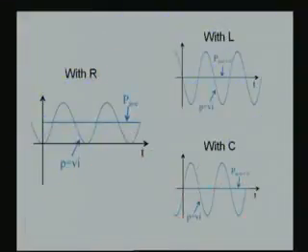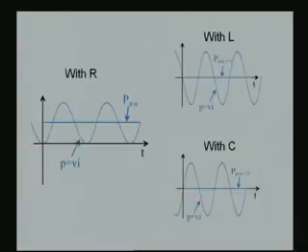So, let us put them all together and compare. You see that with R you have a power waveform of twice the frequency of the input sinusoidal voltage waveform, but it is DC shifted as you see, and therefore has a finite, non-zero average power.